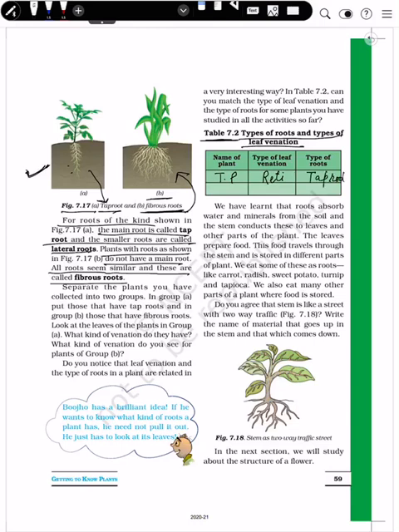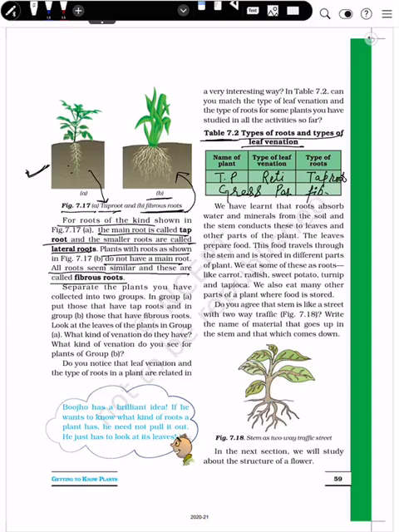And if we take the example of the grass, then the type of leaf venation is parallel, and the type of roots present is fibrous.